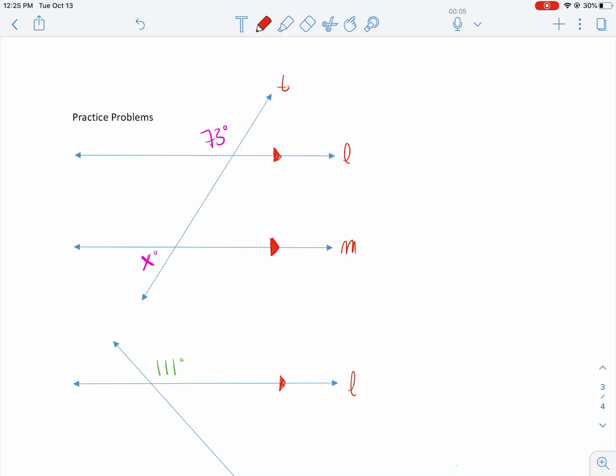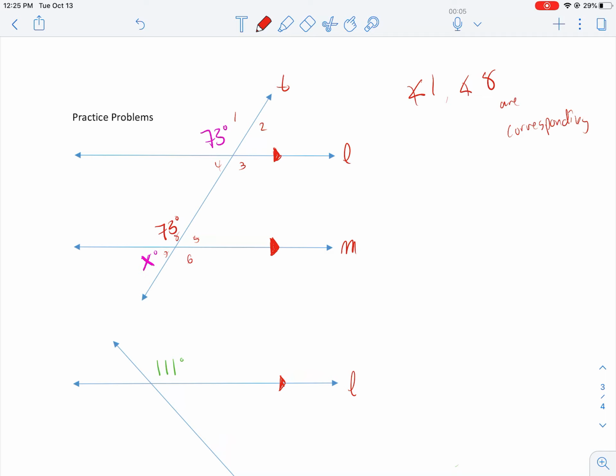So this angle right here and this angle right here are corresponding. Okay, so let me put some numbers in there. 1, 2, 3, 4, 6, 7, and 8. Okay, so angle 1 and angle 8 are corresponding. So that means angle 1 and angle 8 are the same measure.